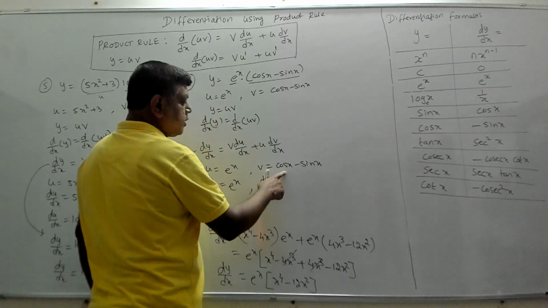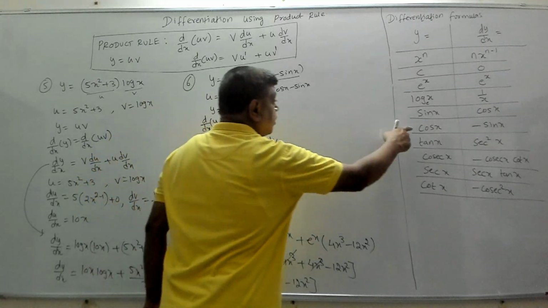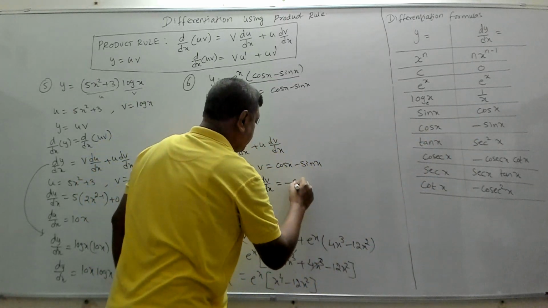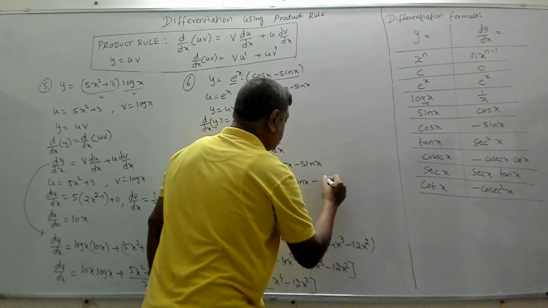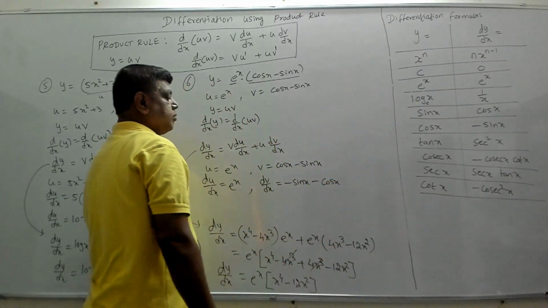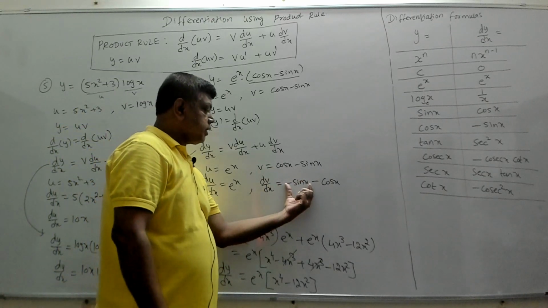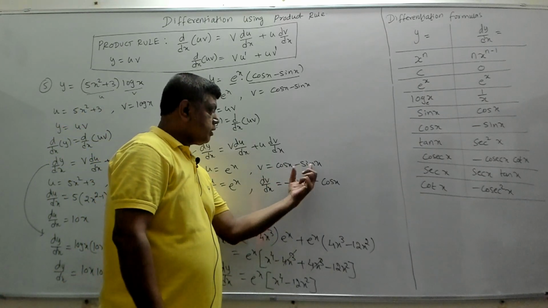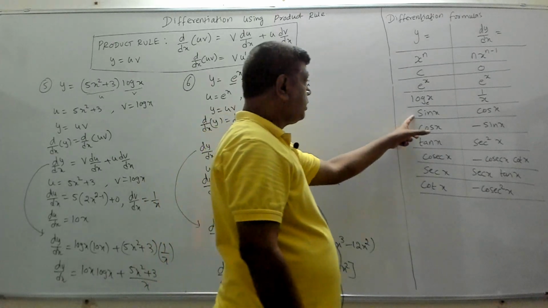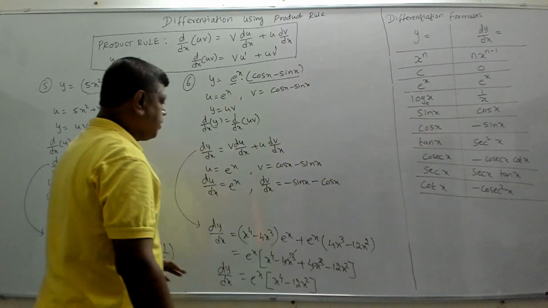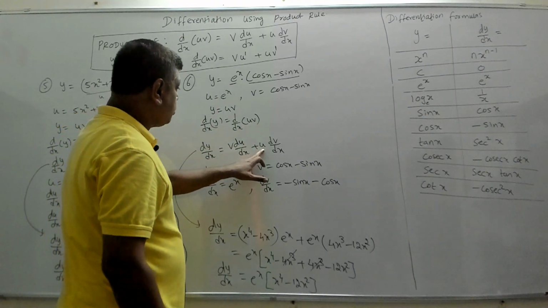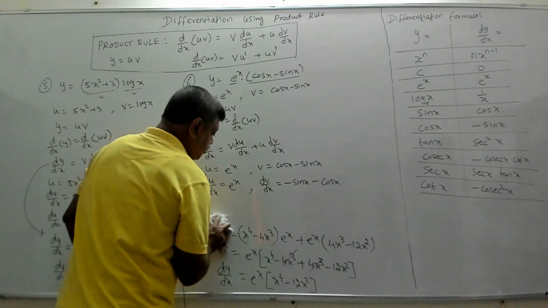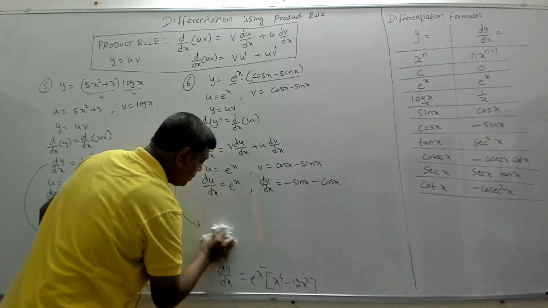Differentiation of cos x is minus sin x. Then this minus, sin x differentiation is cos x. So it becomes minus sin x minus cos x. Now we have got all four, v, du by dx, u and dv by dx. We will substitute in the product rule formula.